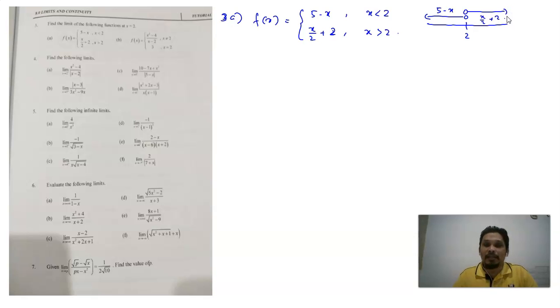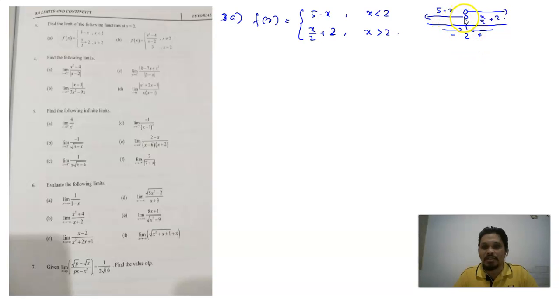Okay, you may sketch to recall the graph of this. But for this one, we could just find the limit for these two functions. In this case, we will see what's going to happen if x approaches 2 from the left and x approaches 2 from the right.